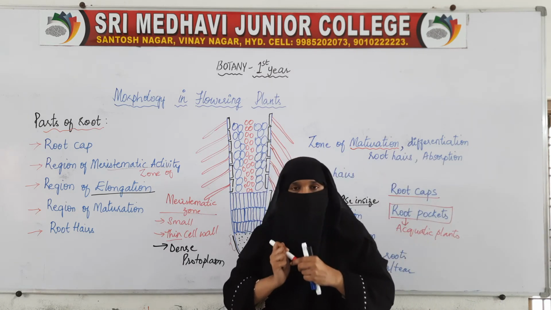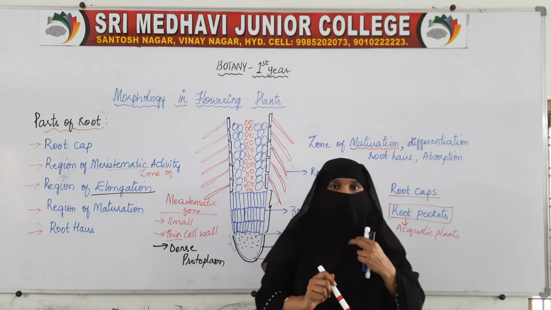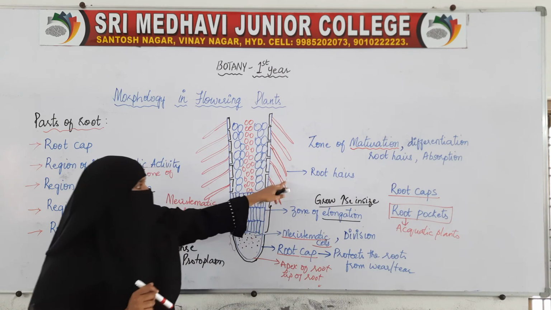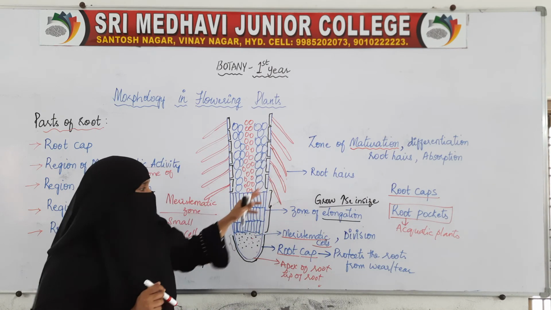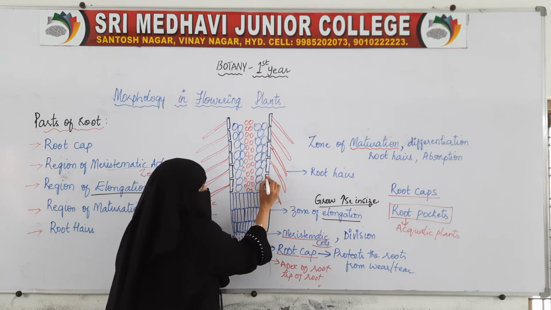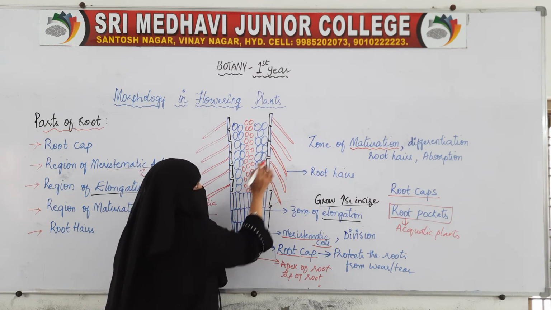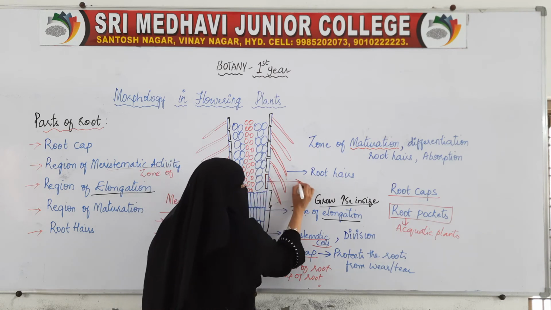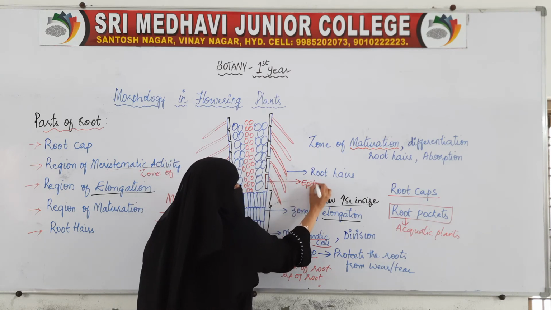The cells will be totally differentiated, and out of these cells, a few, these black ones, have changed into epithelial cells.